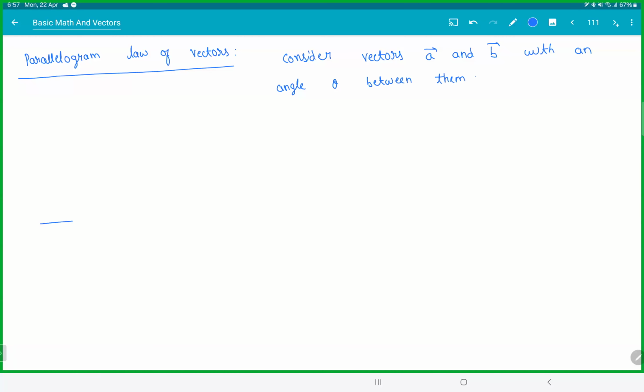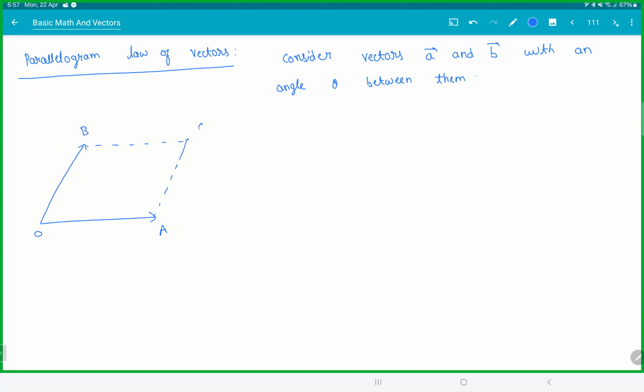So this is OA, this is OB. You can always draw parallel vectors, so this also becomes this thing.